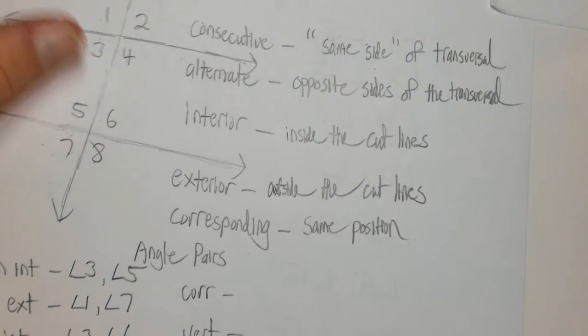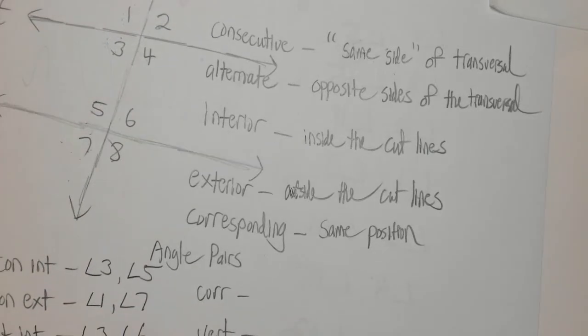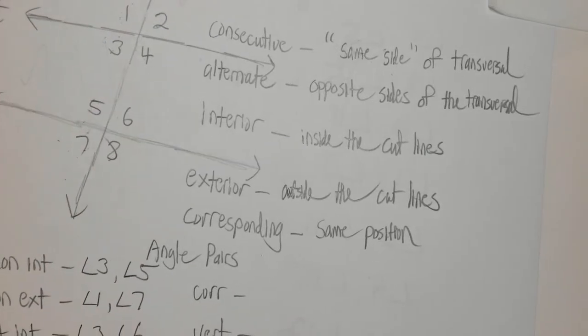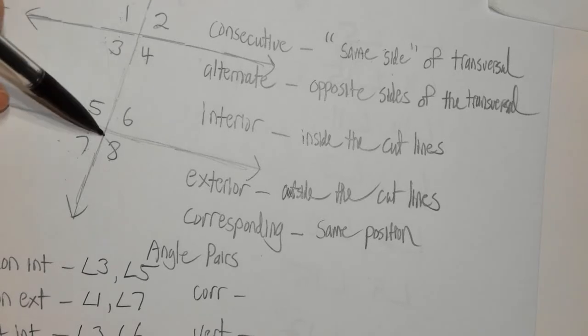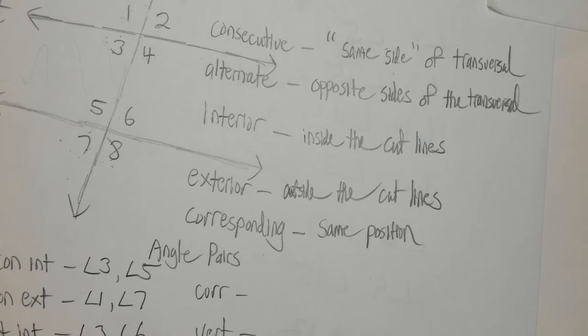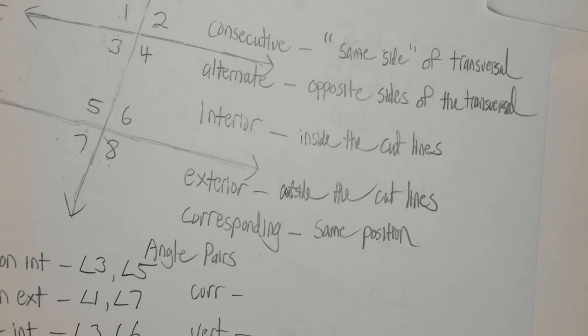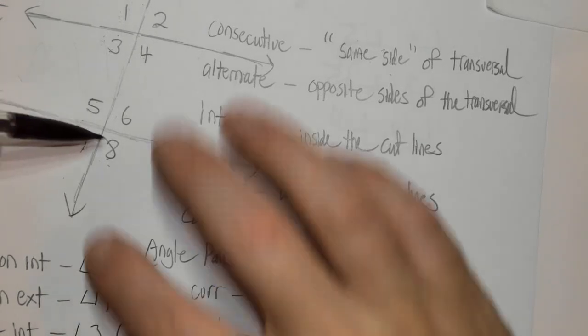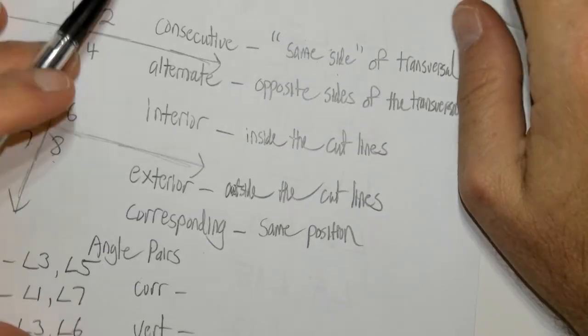Now, up until this point, we have covered pairs of angles that come from different intersections. To be consecutive or alternate anything, they've got to come from opposite intersections. The same thing is true for corresponding angles.